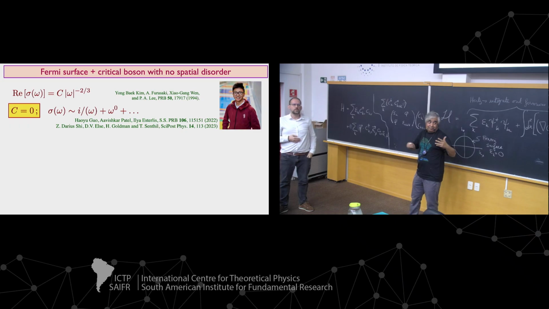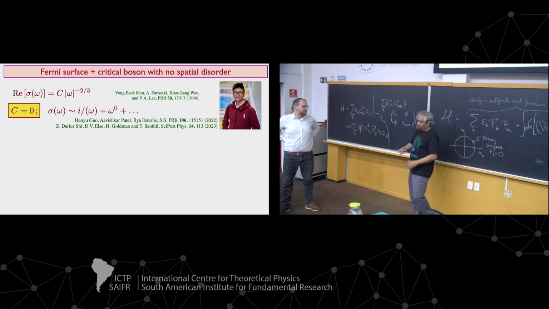I should say, why I was confident C had to, well, not this particular C, but something closely related, had to be 0. I believed them. But then as I started learning holography and all these other ways of dealing with strongly interacting fluids, I started to suspect this result. And now we know it wasn't correct. So they had no reason for suspecting C is 0. And at least in my personal story, what I learned from holography taught me that C could be 0. And then you go and check it.